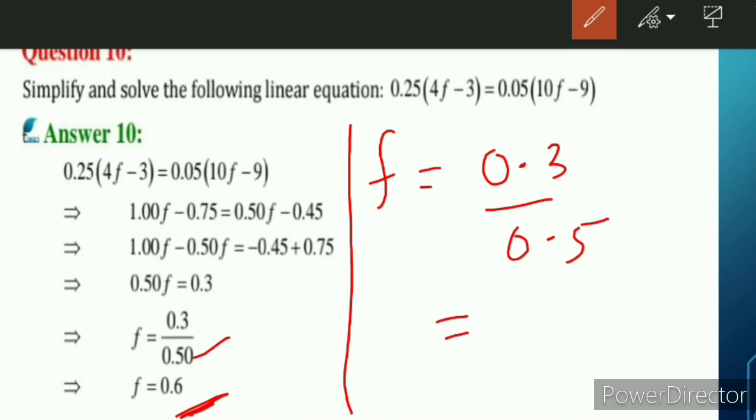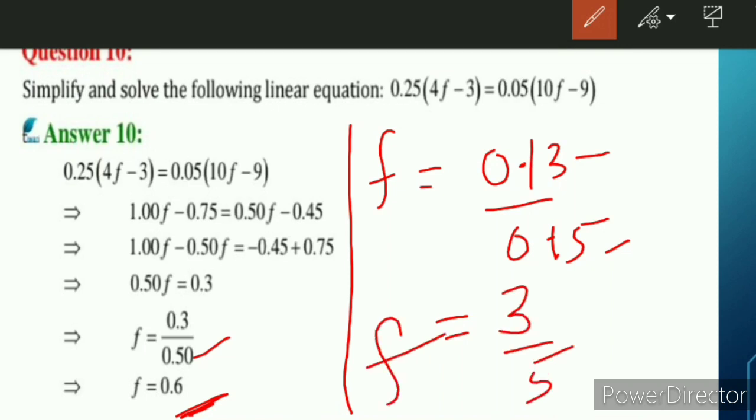We have one decimal place, so we can cancel the decimal point. If we have the same number of decimal places in the numerator and denominator, we can cancel the point and take them directly without the point: 3 by 5.